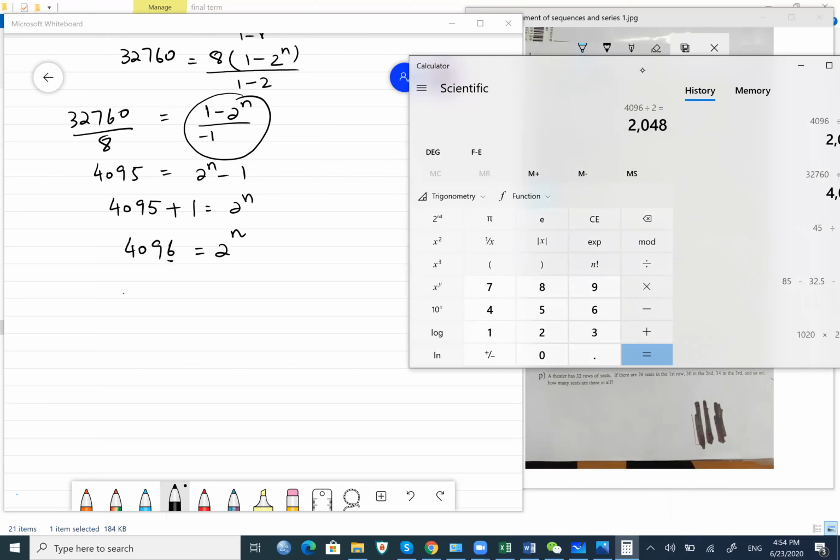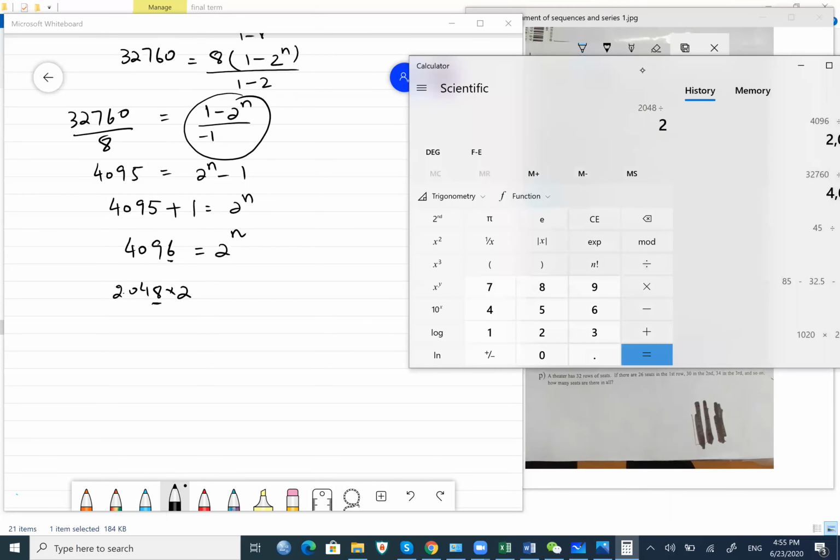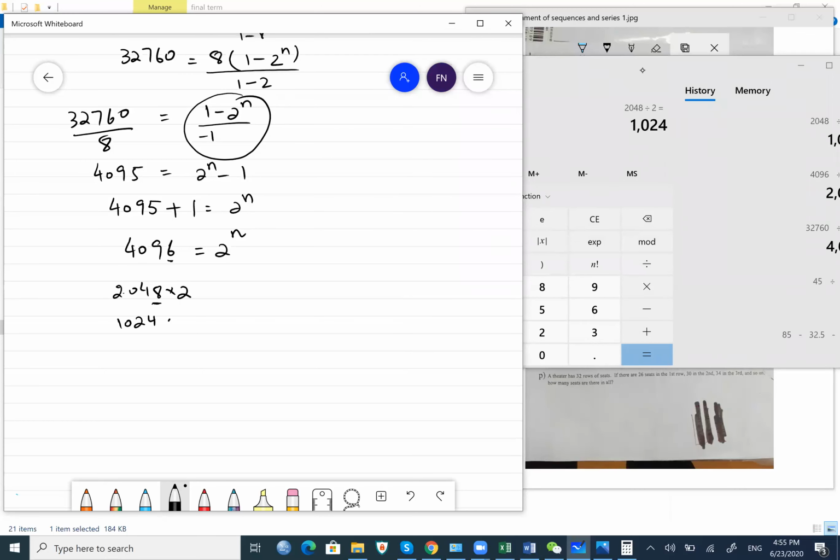Can you see my calculator as well? Furthermore, I can see this last number 8 is also divisible by 2, so I can further divide it by 2. So it is 1024, and I can write 1024 times 2 times 2.